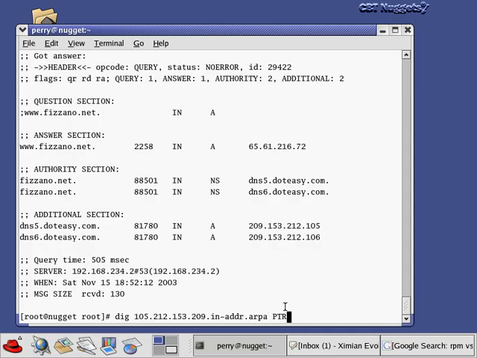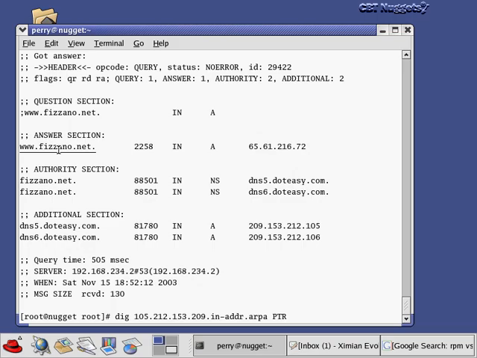The pointer record contains the real name of the host to which the IP address belongs. If I didn't do that pointer record, it would basically just spit out what this address is. It wouldn't actually resolve it back for me, because it would just be giving me the A record, and the A record of this IP address is that IP address. That's what it looks for by default, the A record, because that's what you're normally looking for in dig.